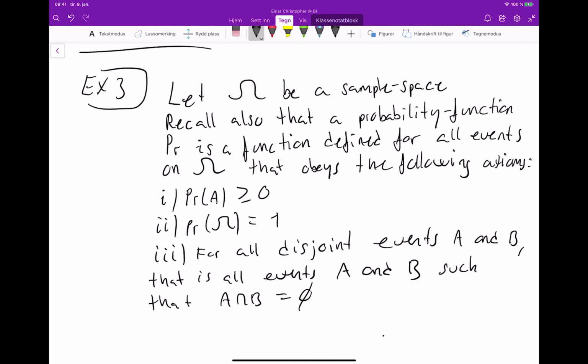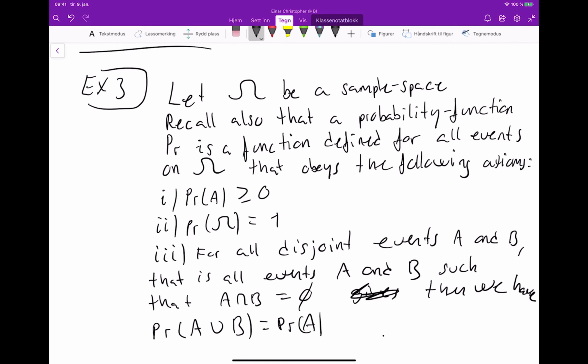So for all disjoint events A and B, that is all events A and B such that A and B is empty, then we have that the probability of A union B is equal probability of A plus probability of B.